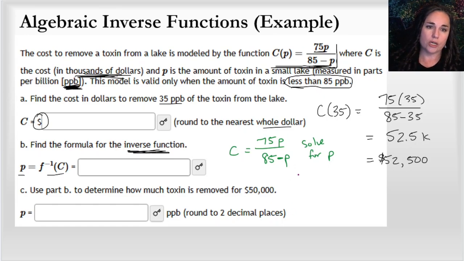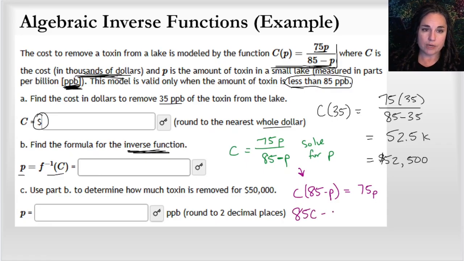So I'm going to start over here in red. Like on the problem before, I'm going to take 85 minus P and multiply both sides by that denominator. I am going to distribute: 85C minus CP equals 75P.